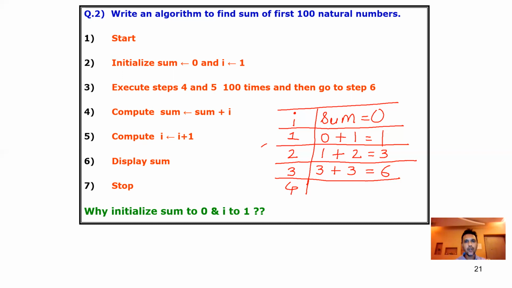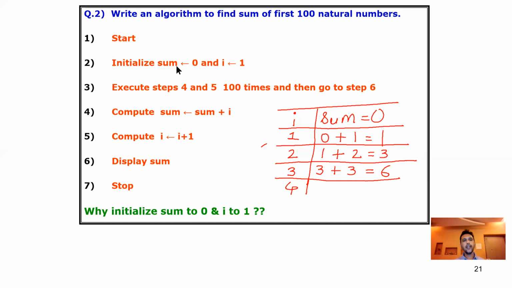I repeat, 0 does not affect the result of addition. That means if you add 0 to any number, you get the same number as the answer. That is why, from here onwards, make a rule that in programming, sum is always initialized to 0. Whenever you want to find the sum of anything, it is initialized to 0.